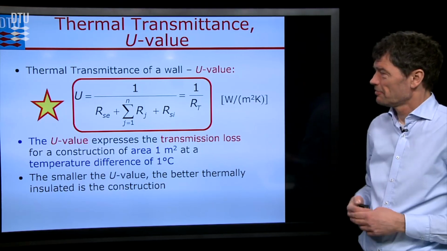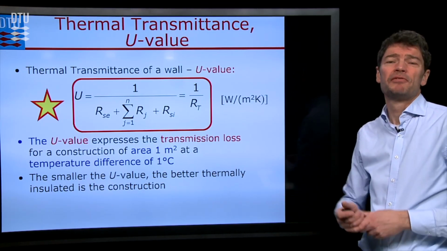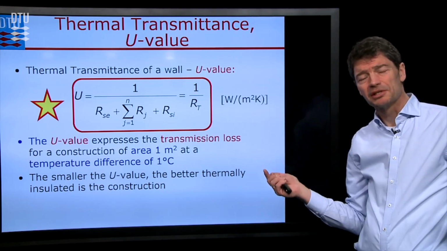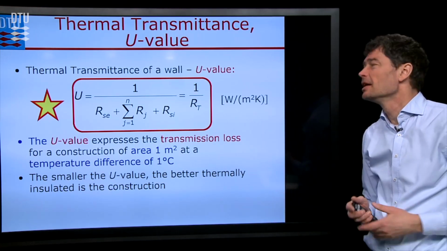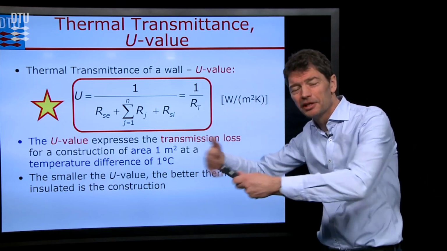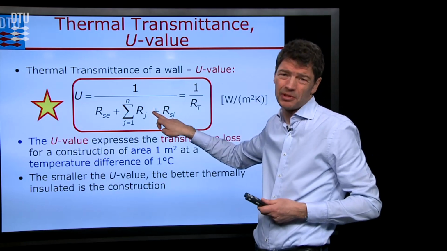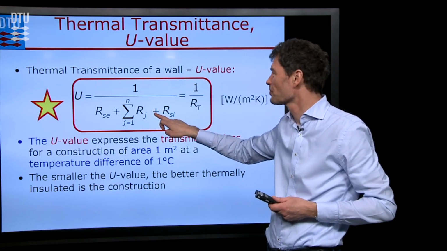So now we have the heat flow, but there's another characteristic we use for a complete wall, including its surface resistances. And that is the thermal transmittance of the wall, so how well it transmits heat through it. That is 1 over the sum of those resistances we have now talked about.